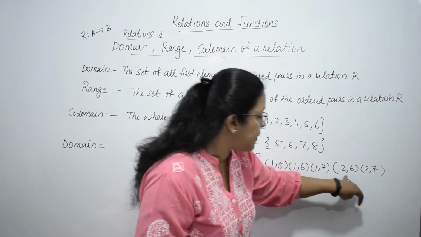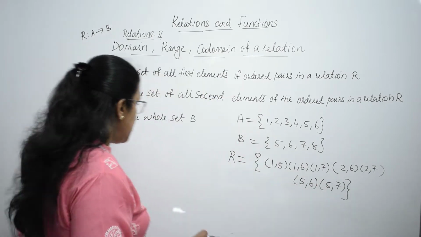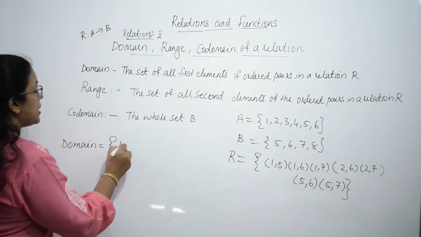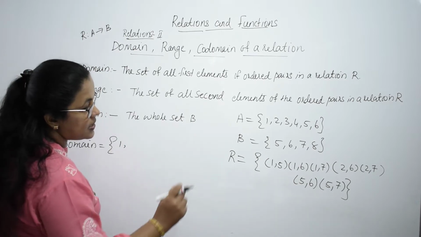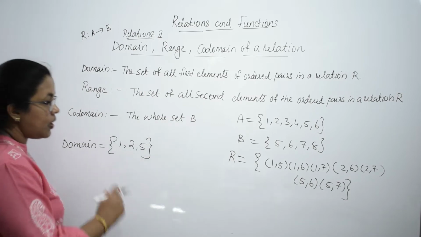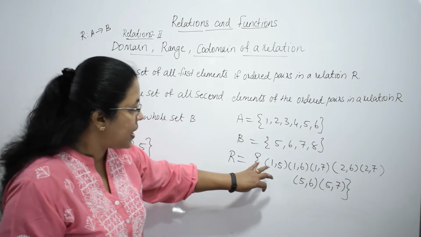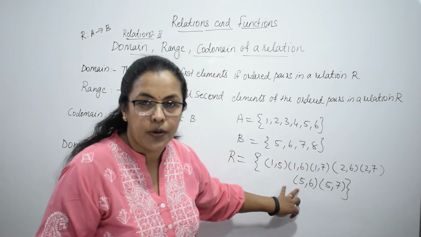Then (2,6), (2,7): one more element 2. Then (5,6), (5,7). So set of first elements in the ordered pairs is {1, 2, 5}. This gives the domain of this relation. Domain of this relation is {1, 2, 5}.